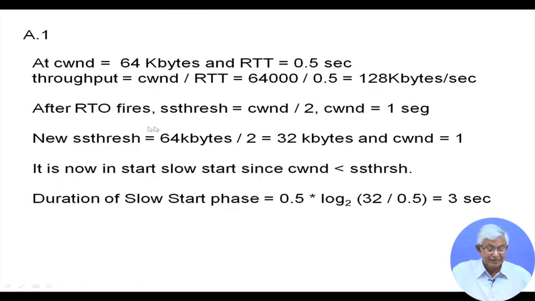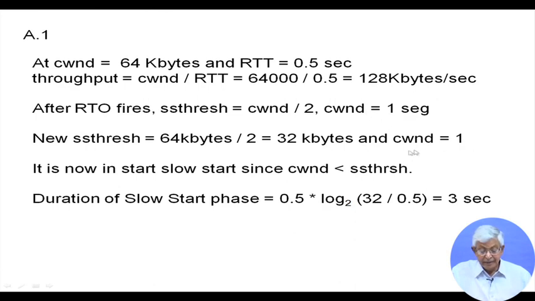So, let us see. After RTO fires, the SS threshold will be reduced to whatever CWND was at that time divided by 2, and CWND will be reduced to 1 segment. So, new SS threshold is 64 kilobytes divided by 2, that is 32 kilobytes, and CWND will be set to 1 segment.